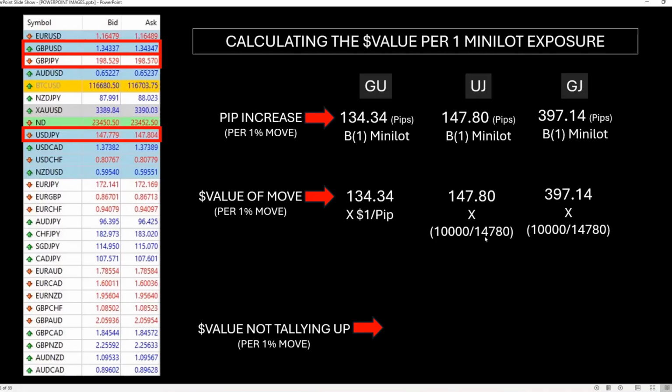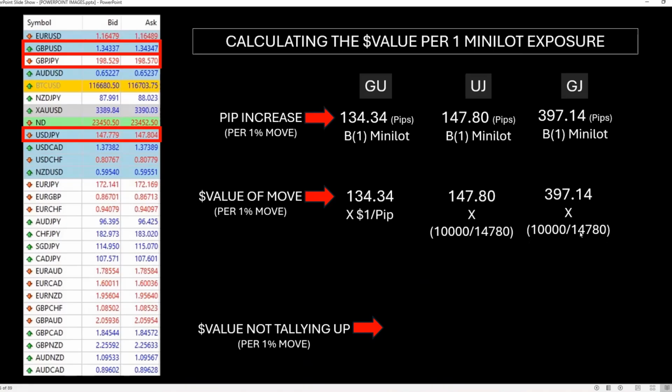Okay, and also for the GJ, the cross pair, the pip value is identical to the UJ. So the cross pair, whatever Forex pair ending with yen, whether it's GJ, UJ, EJ, like Euro yen, whatever, it doesn't matter. They will all have the same pip value.